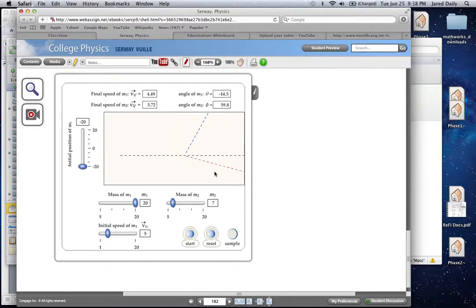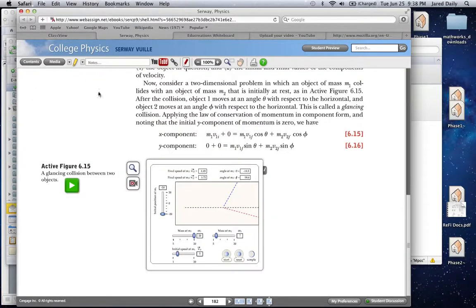Here you can see all of the components now of the velocities, and if you multiply each of those components of the velocities times the mass of each particle, then you're going to get components of momentum. And you're going to use these equations in both dimensions to calculate those conservations of momentum.